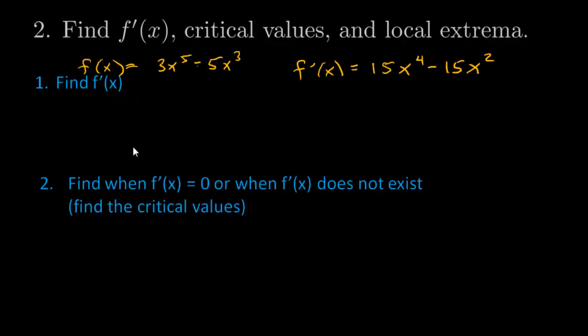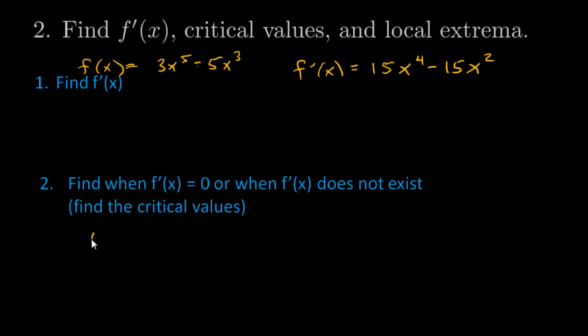So I already found it. Next, what we're going to do is set f prime equal to 0, or find out when it does not exist. Let's go ahead and do that. 15x to the 4th minus 15x squared, you're going to set that equal to 0. And then you're also going to look at when 15x to the 4th minus 15x squared does not exist.